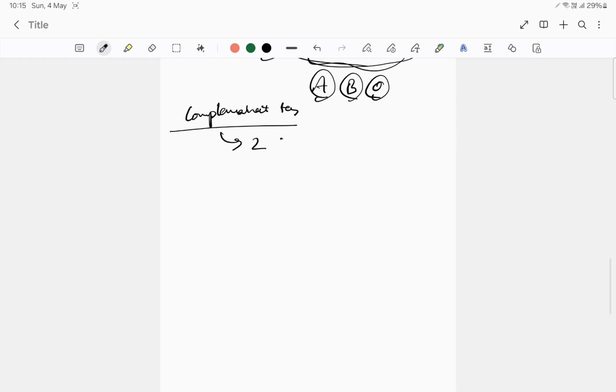For example, in Drosophila, based on the pigment, red eye color or white eye color is observed using the complementation test. We'll discuss it later. Next topic is pseudo.